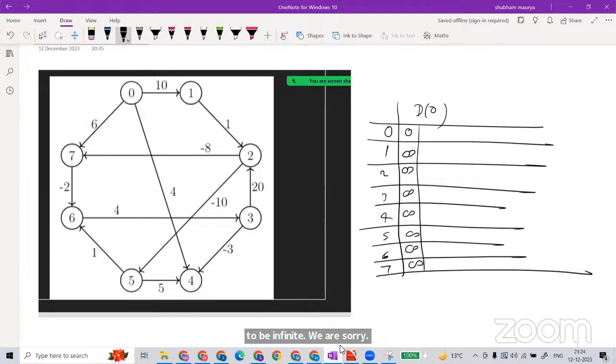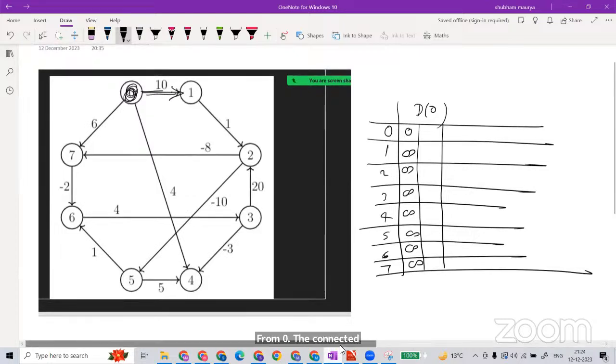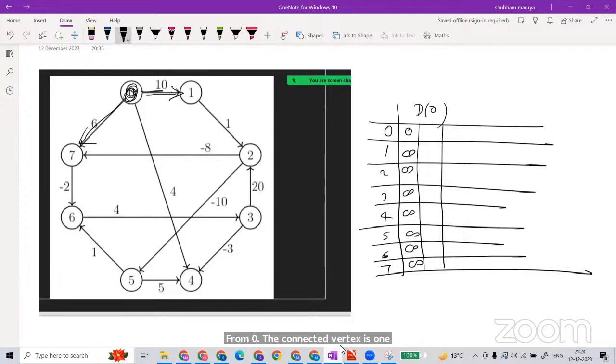Now what we will do is update. In the next step, from 0, the connected vertices are 1, and this one, this one, this one, and this one. So let's update their distances from 0.